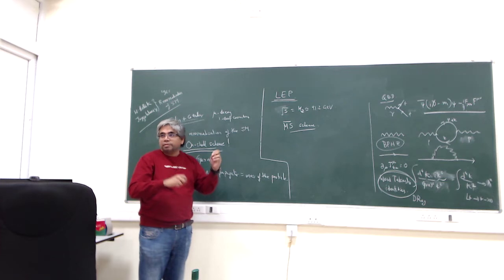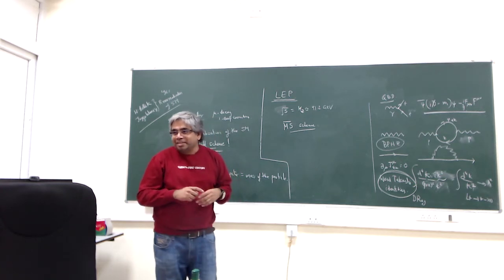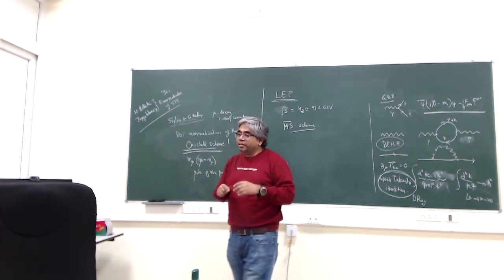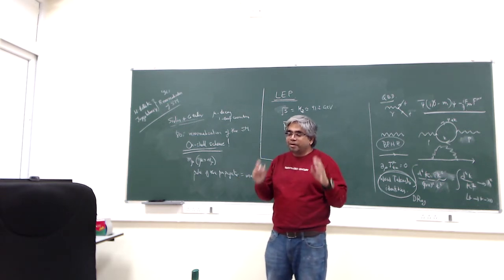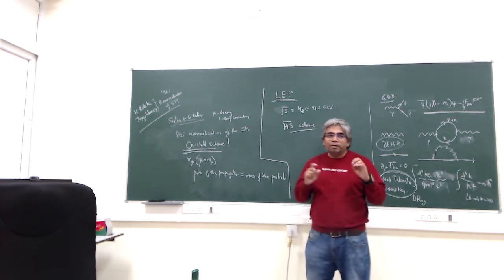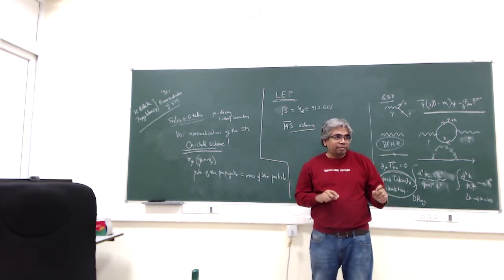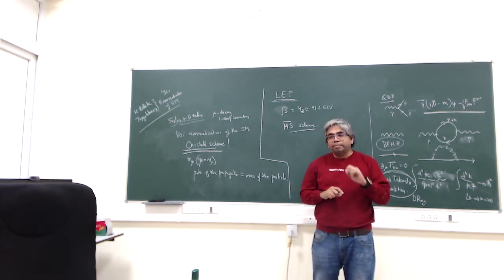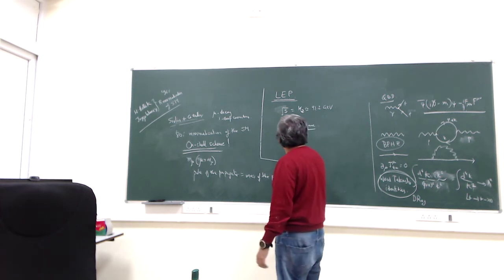Other students are working on various diagrams, on how to calculate the two-loop diagrams and so on. This is highly complicated, and it has many implications. We have not completed the full two-loop renormalization of the standard model. The only thing which has been completed is the electromagnetic charge. So alpha EM is done at two loop.